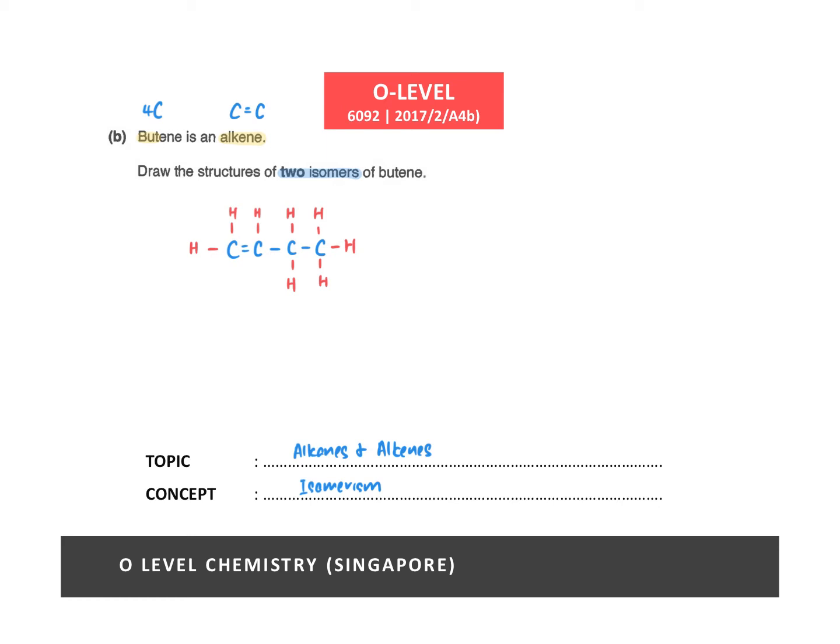Now, one very easy way to draw an isomer for an alkene is to shift the position of the double bond. So since we have an alkene here, we can easily get the other isomer by shifting the double bond to between the second and third carbon atoms. Then we draw in the remaining hydrogen atoms as well.